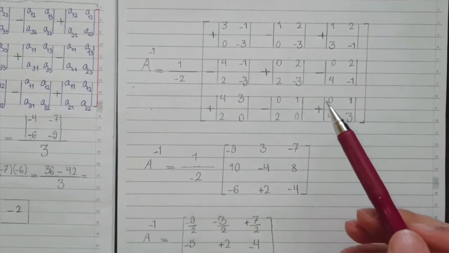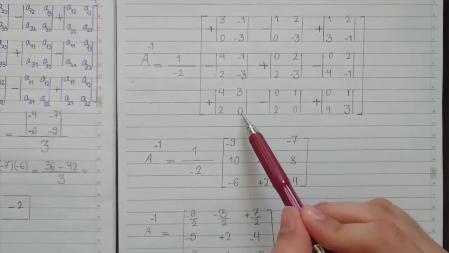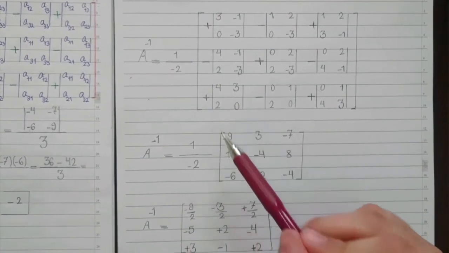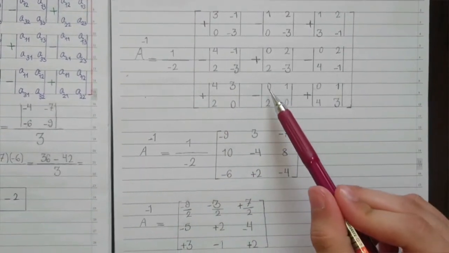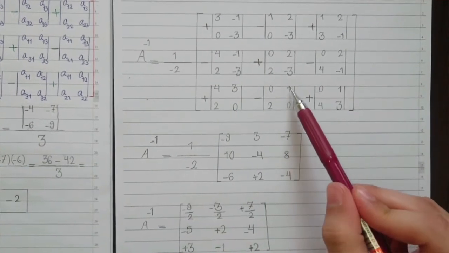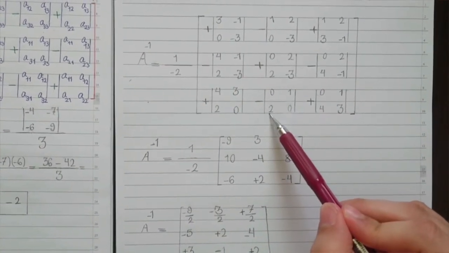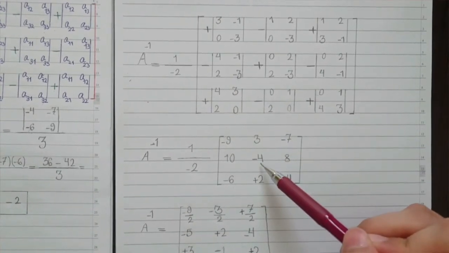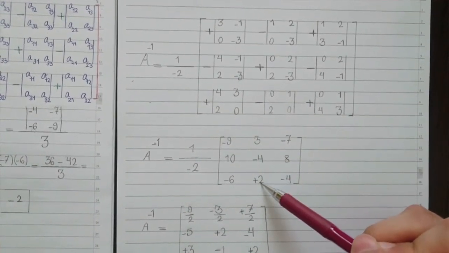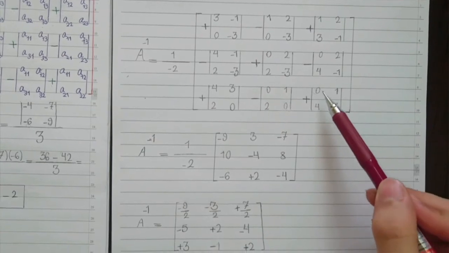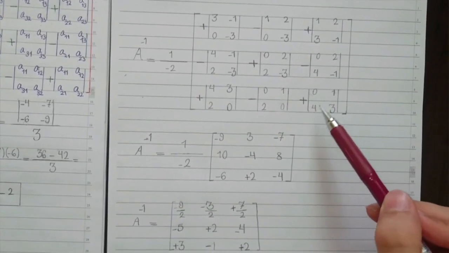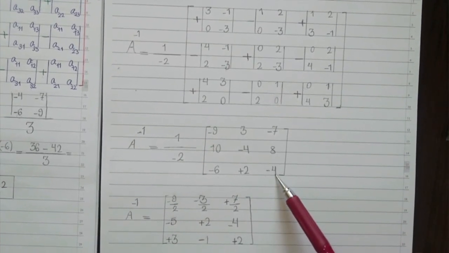And here we have 4 times 0 minus 3 times 2, which is going to be negative 6. Here 0 times 0 minus negative 1 times 2, so it's going to be negative 2, negative, negative 2, it's going to be 2 overall. Here 0 times 3 minus 1 times 4, it's going to be negative 4.